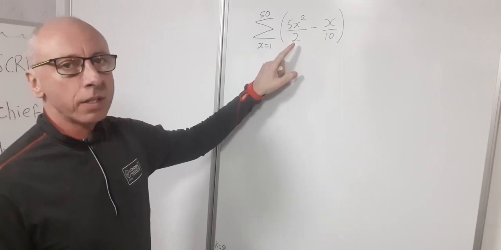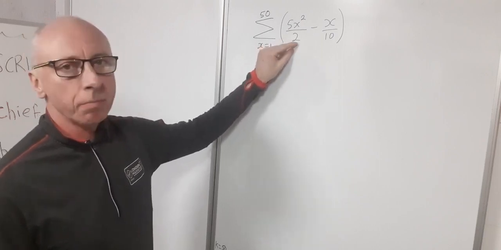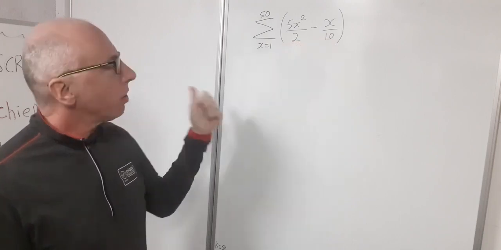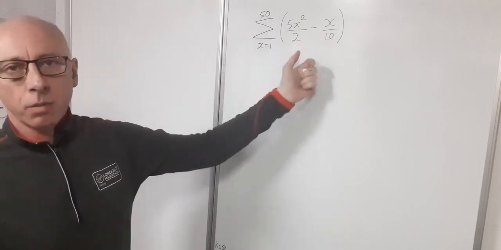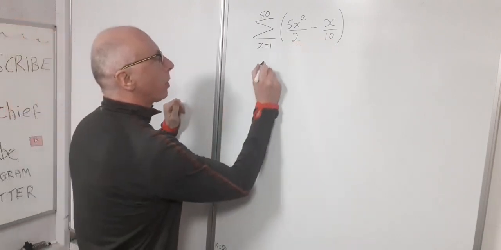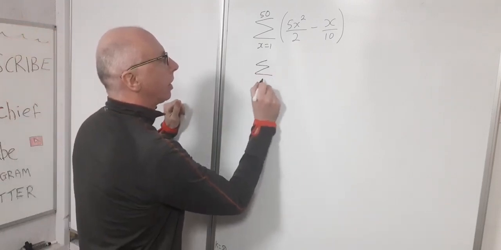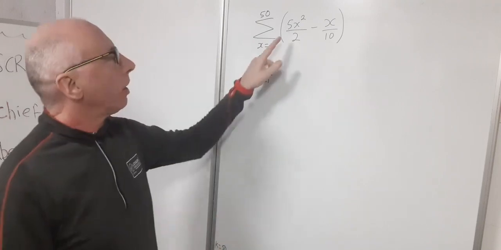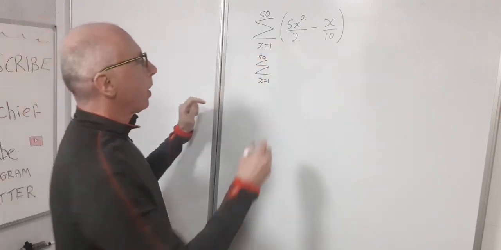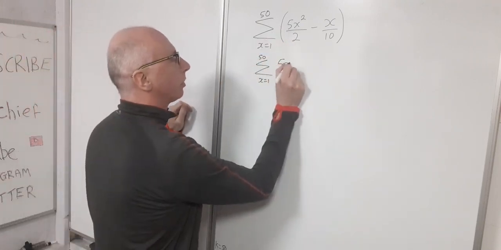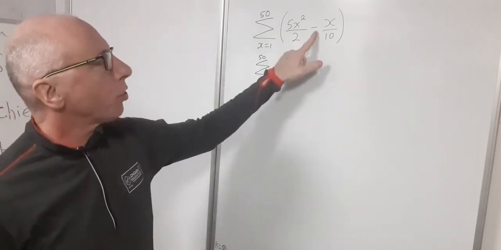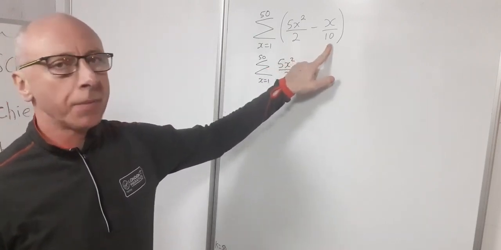What I can do is the sum of the first term minus the sum of the second term. So we'll rewrite this showing that. We now have x equals 1 to 50 of this term here, 5x squared over 2. And then I can subtract this term here.